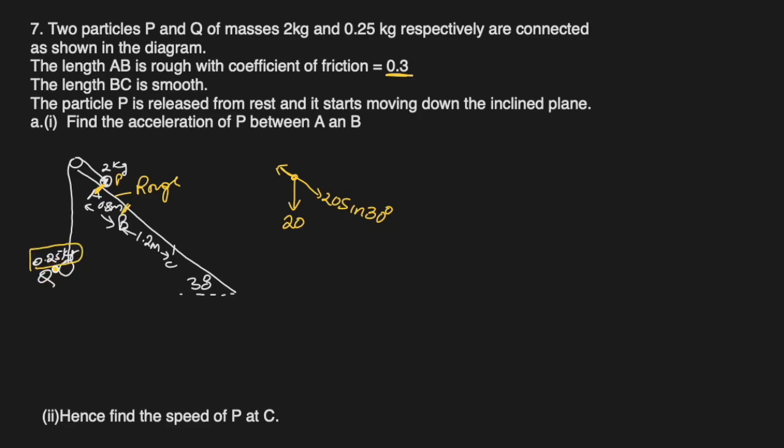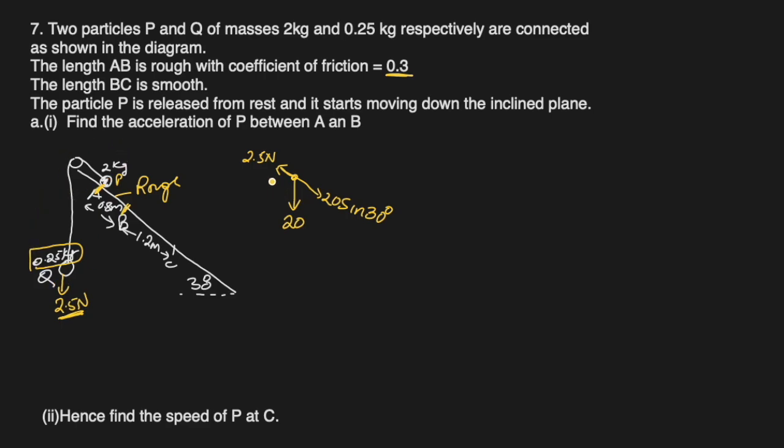The weight of this, which is 2.5 Newton, will be responsible for causing that tension, and then bringing it backwards. If I take the whole system, this is the one which is trying to stop it, and this is trying to take it down. So 2.5 Newton will be here.